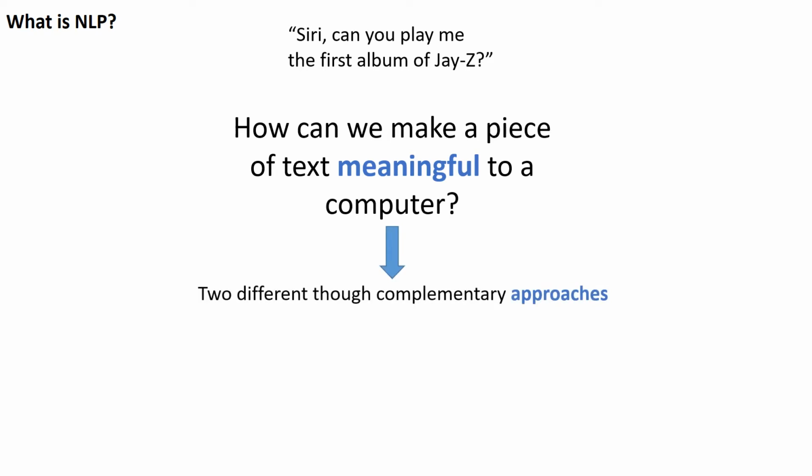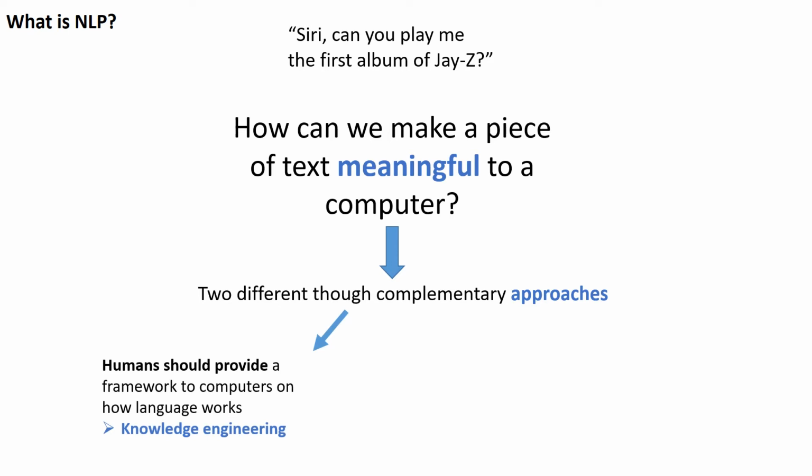Well, there are two different, though complementary approaches to this, and they come from two different intellectual traditions as well. None of these approaches are ideal and they are combined in NLP applications nowadays. The first approach comes from the linguistics department, and we know it as knowledge engineering.